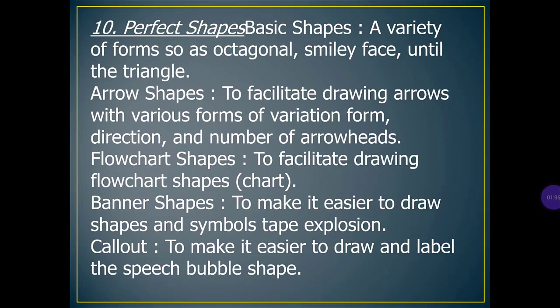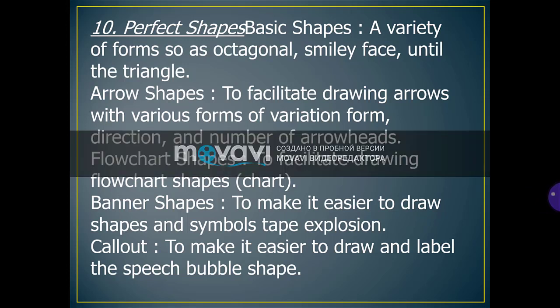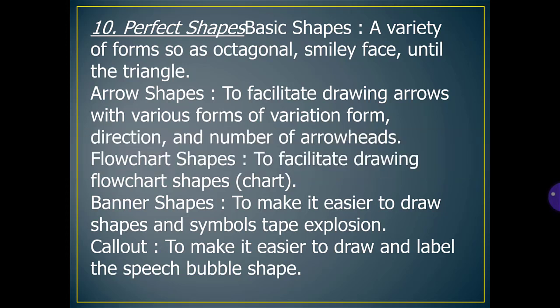10. Perfect shapes. Basic shapes. A variety of forms such as octagonal, smiley face, and triangle. Arrow shapes. To facilitate drawing arrows with various forms, direction, and number of arrowheads.